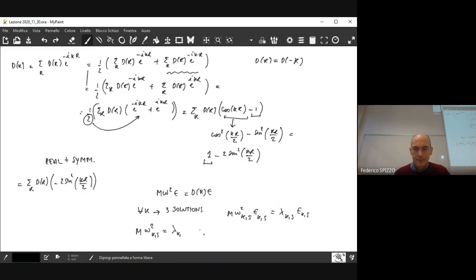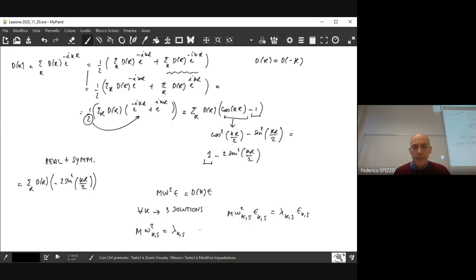So we have a connection between the frequency, that is omega square, and the wave vector, as the dynamical matrix depends on the wave vector.